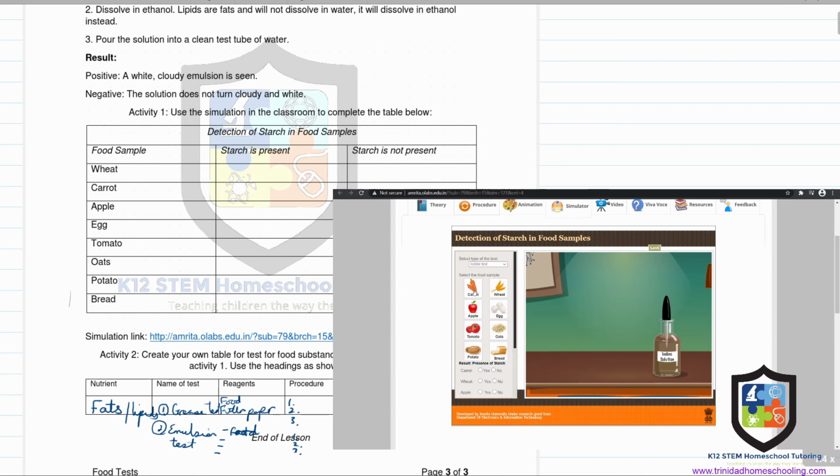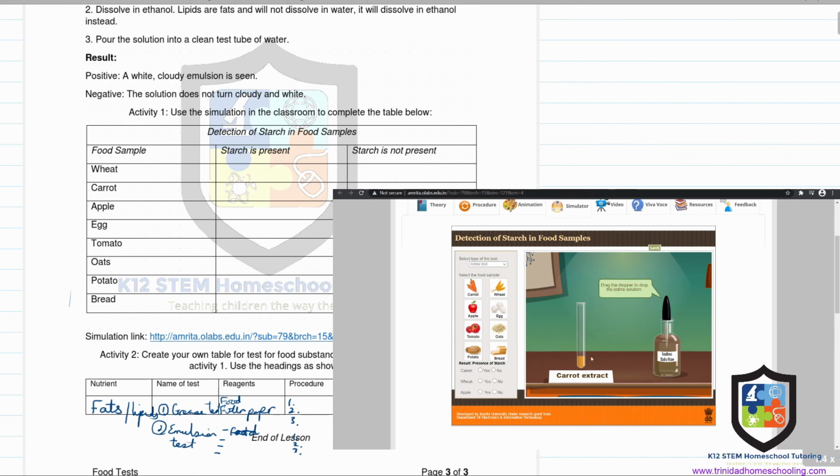You click on your food item here. For example, let's start with the carrot. And here's your carrot extract. You drag your dropper there, put some drops, and then drag the dropper back into the bottle.